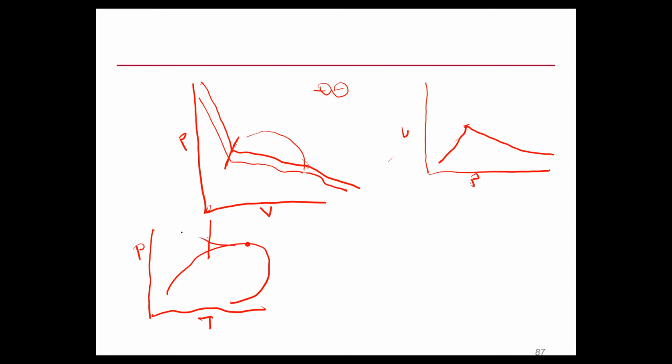This is the asphaltene onset point. Above the bubble point, asphaltene starts forming. Below the bubble point, the gas is released. This is the volume of gas, and this is the volume of oil.